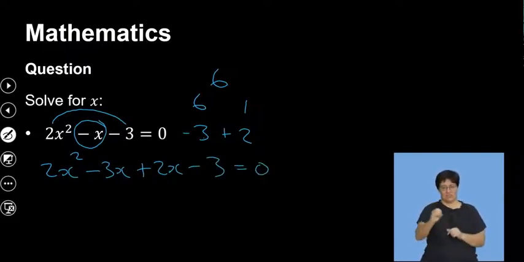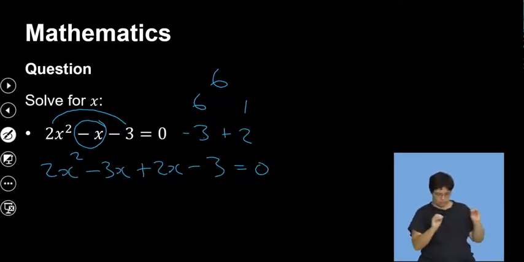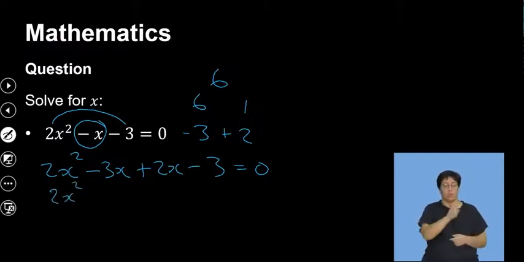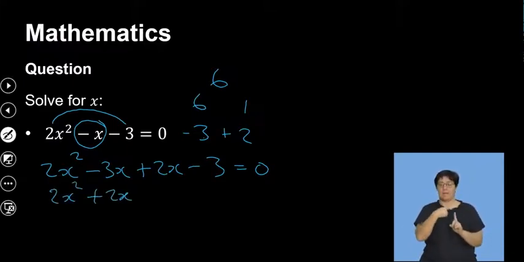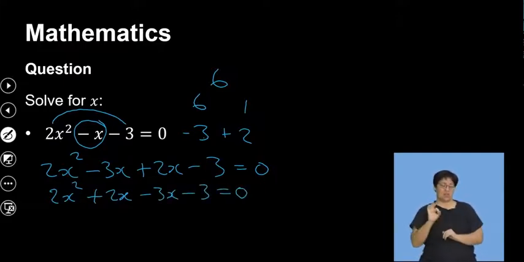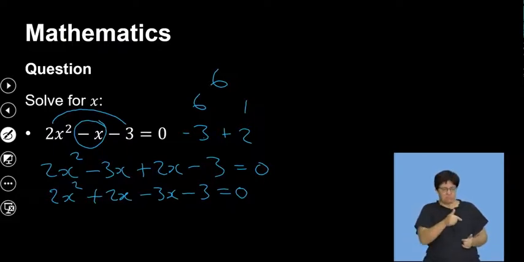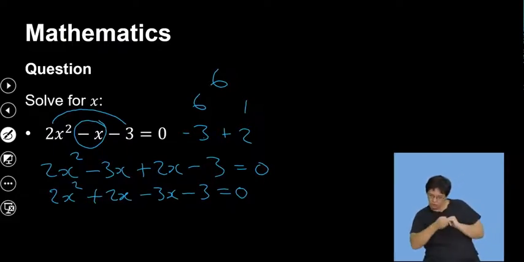Then you rearrange this so that you can then factorize it and take out a common factor. So it becomes 2x squared plus 2x minus 3x minus 3 equal to 0. Some people really don't do this. They go straight to opening binomials, which is perfectly fine. But here it's just for people like myself who are still trying to understand this, right?